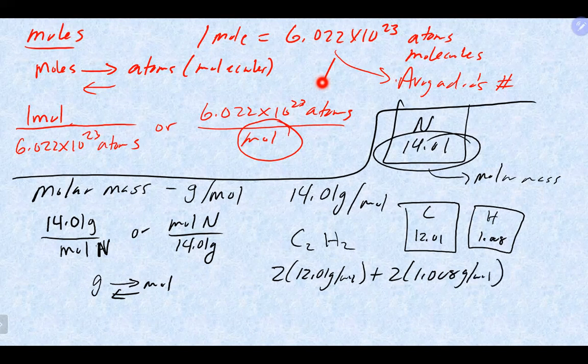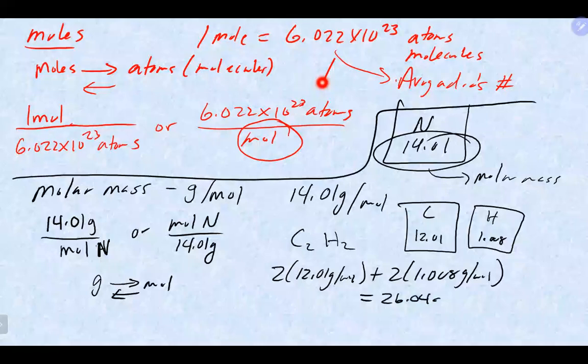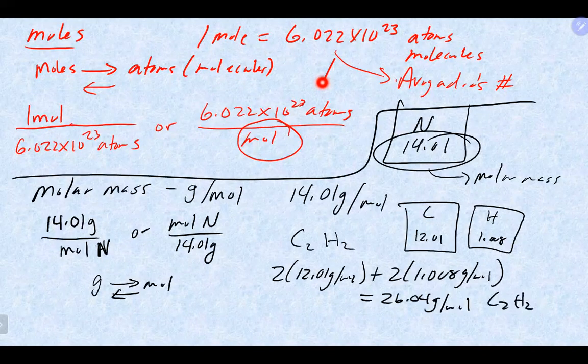That gives us about 26.04 grams per mole as the molar mass of C2H2. So if it is some type of compound, you basically just do it.